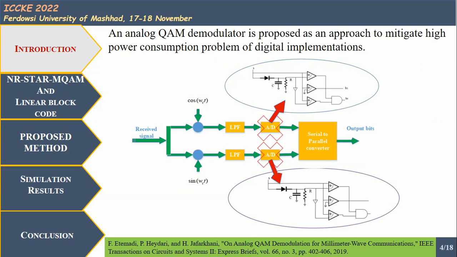Recently, to solve these challenges, an analog QAM demodulator was proposed as an approach to mitigate the high power consumption problem of digital implementations. As you can see, instead of an analog to digital converter, it uses the illustrated circuit.